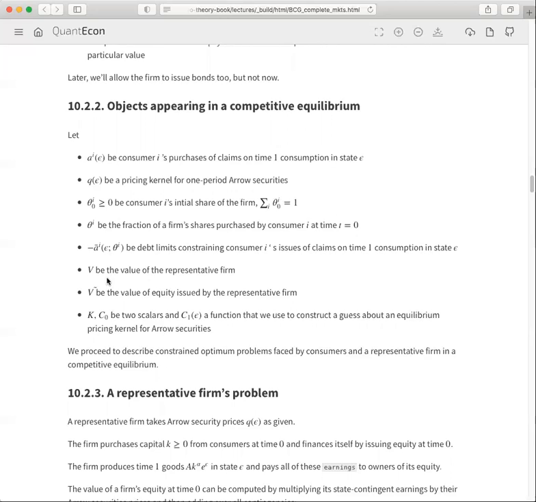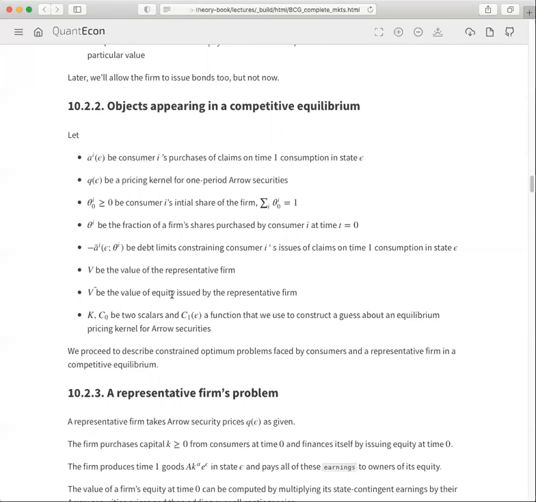I'm going to let V be the value of a representative firm, and I'll let V twiddle be the value of equity issued by the representative firm. So the firm's going to issue equity. Here it's going to finance itself entirely by issuing equity, but later we'll let it issue bonds.